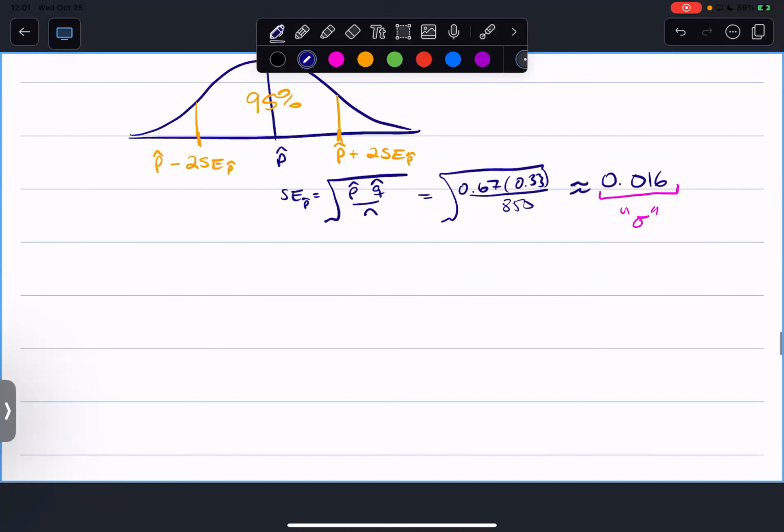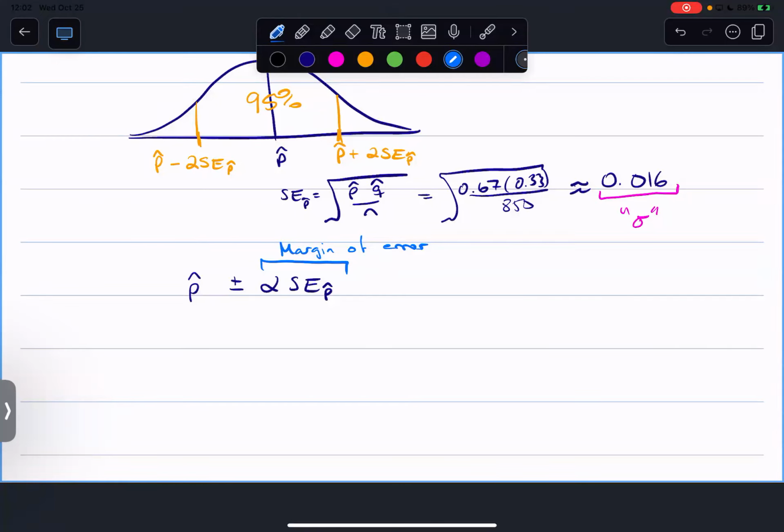I can summarize this as p hat plus or minus 2 times the standard error of p hat, which we already saw in that article at the beginning. We said this plus or minus is the margin of error, which is true.